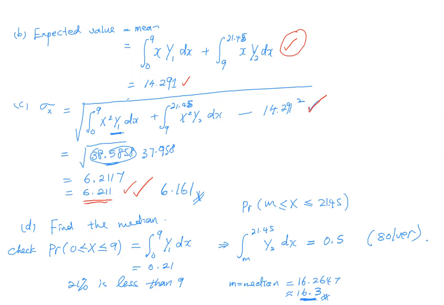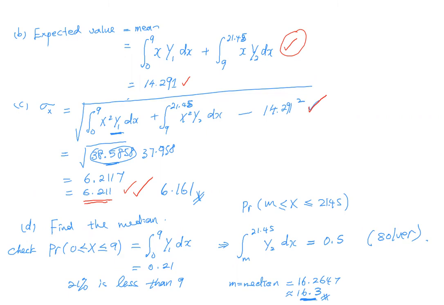Cannot. Why? Because from 9 to that number, that will give you an area more than 0.5. Median is the area must be 50% more than that, 50% less than that. Okay, sorry. Okay, thank you.